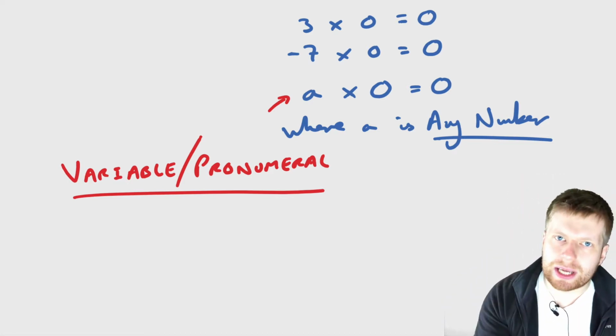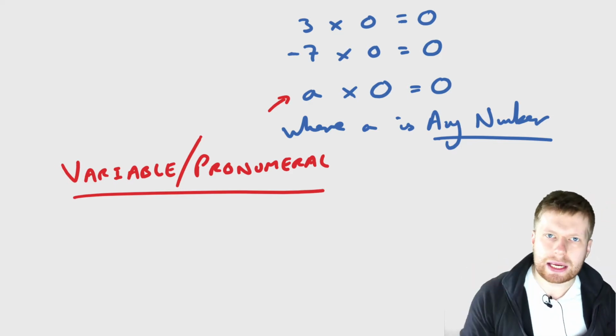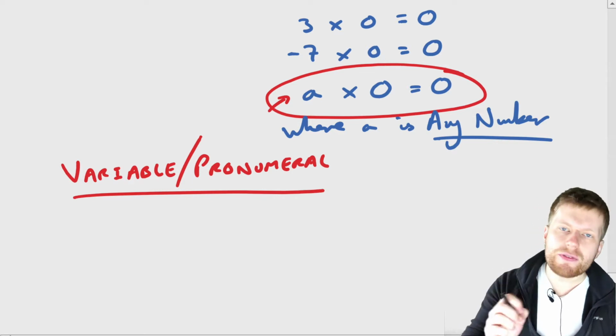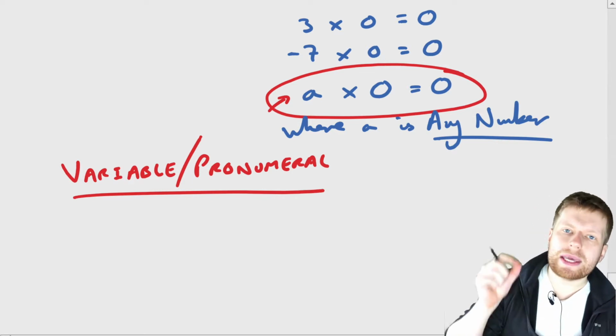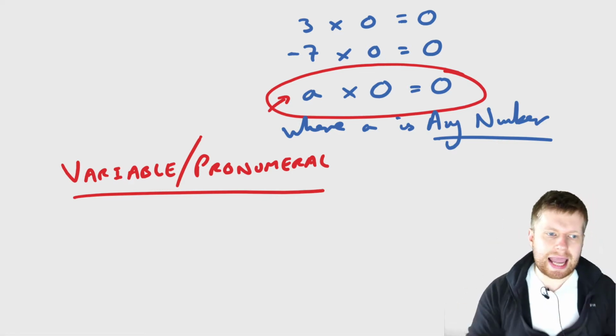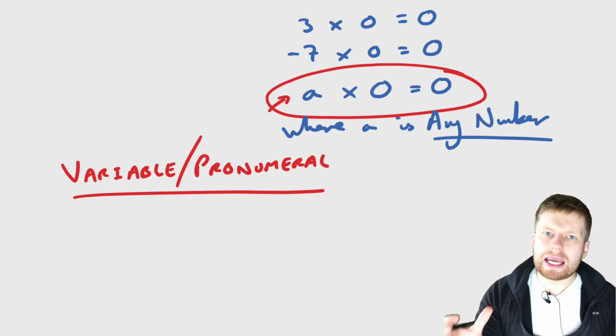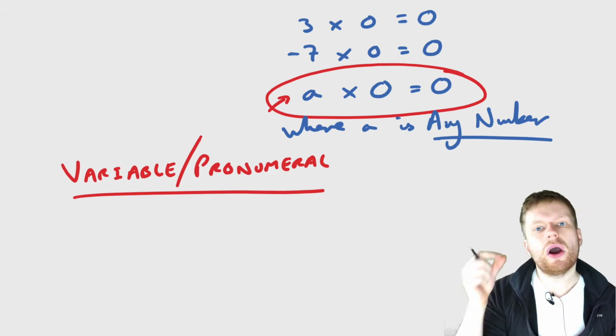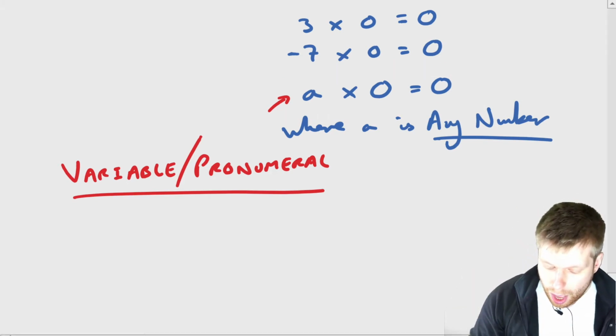It means it varies. It's a value that can change. So in this example, A is a variable, because it's a value that can change. I'm basically saying A can be any number. But when you multiply that value by 0, you'll still always get 0.